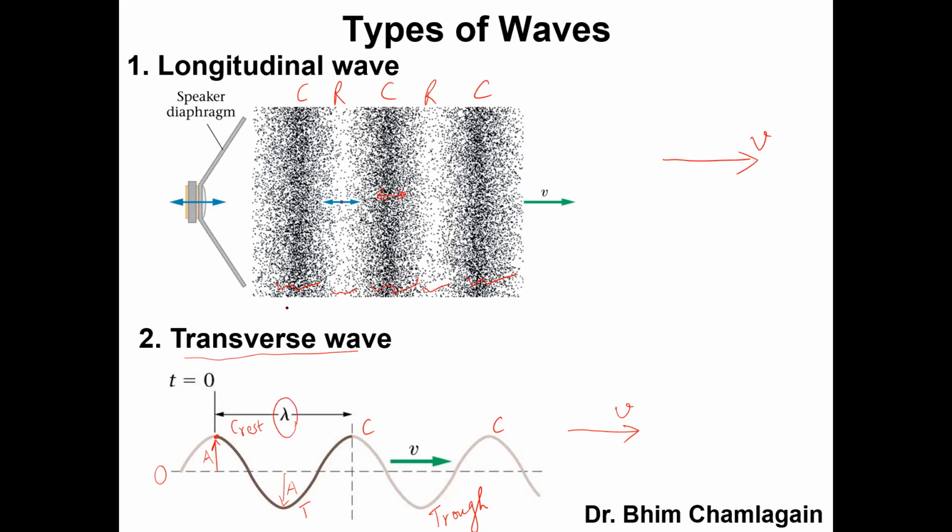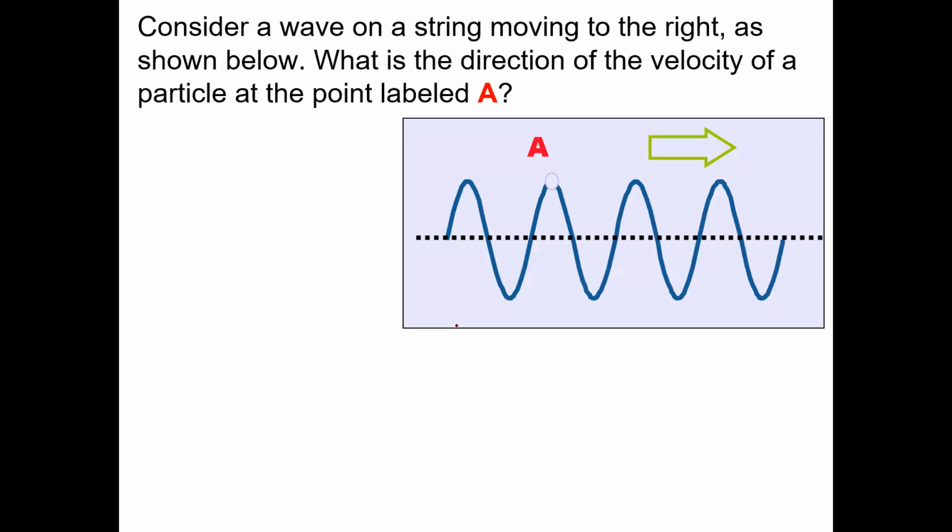In a longitudinal wave, the distance from one compression to the nearest next compression, or one rarefaction to the next nearest rarefaction, is called the wavelength. So this is about waves and types of wave.